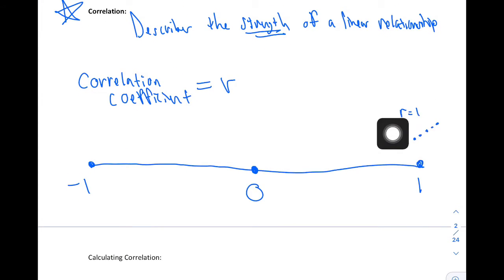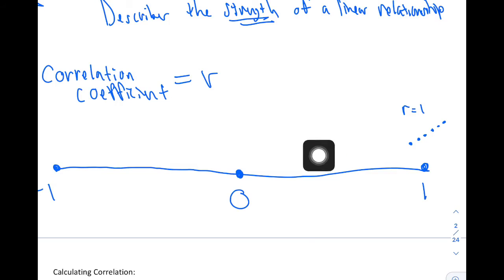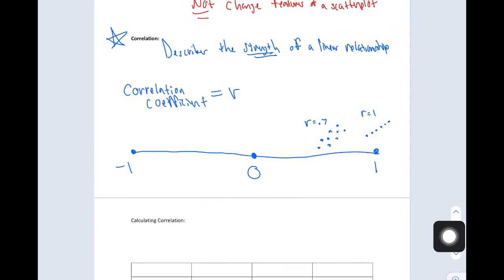Now, this isn't actually seen too often in stats because we know that most data in real life isn't always perfect. Let's do something maybe in between. Maybe if we had like an R value of 0.7. So maybe not as strong, but definitely there's still like a positive association here.